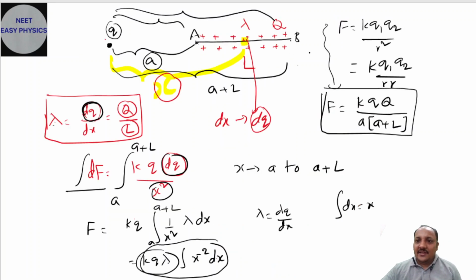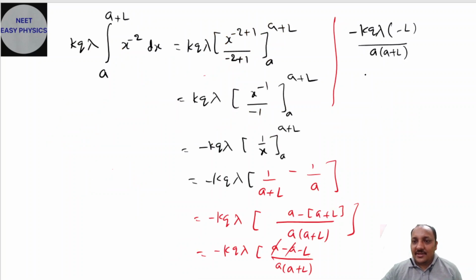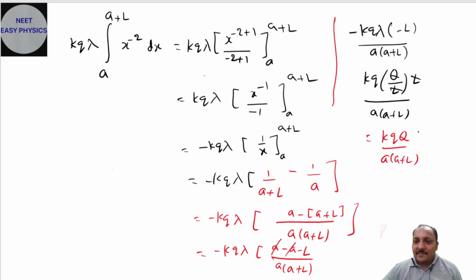But we wrote the answer in terms of capital Q, small q, a into a plus l. Lambda is nothing but Q by L. Substitute here: minus into minus is plus. K q, Q by capital L into L by a into a plus l. This L and L cancel. Now see your final answer. You got K q Q by a into a plus l.